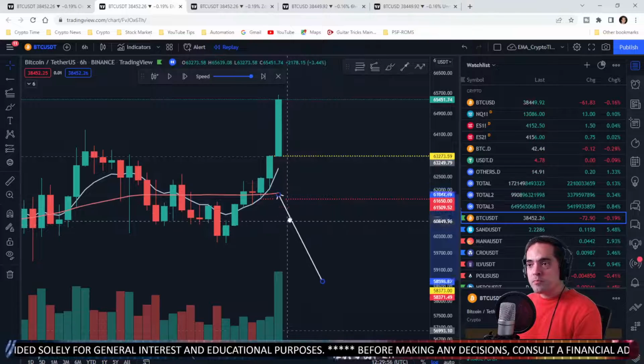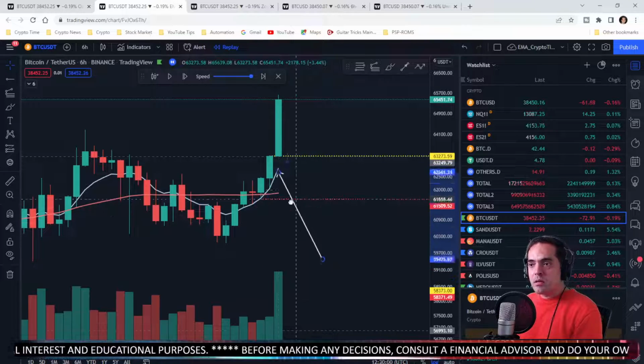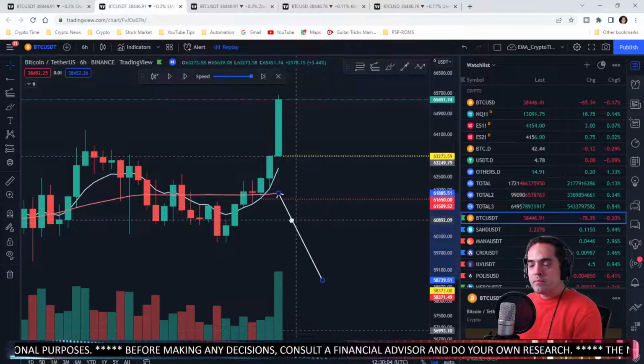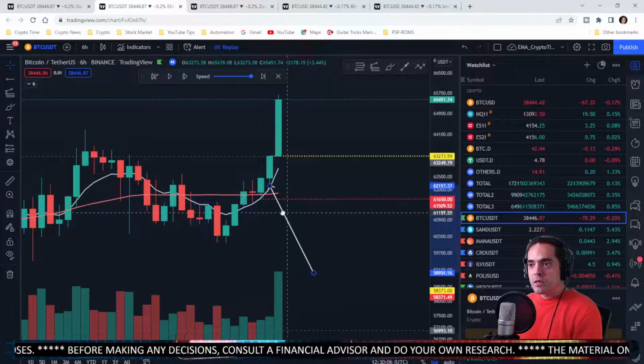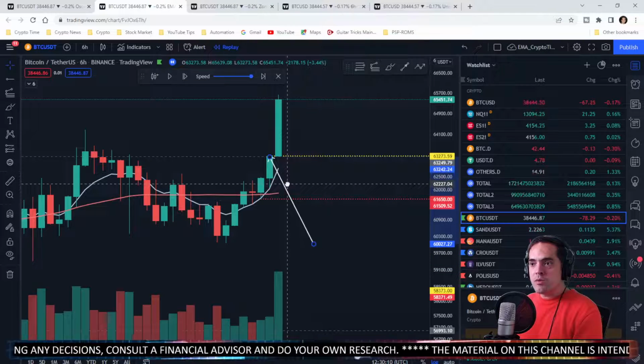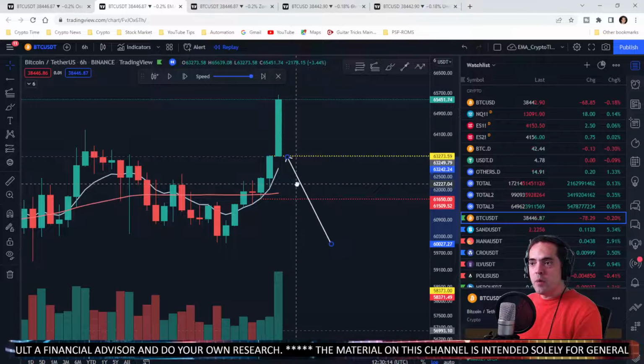Okay, so in here, as the fast EMA is crossing above the red one, the slow one, I would consider to buy at the close of this candle right here, or at the opening of this one.